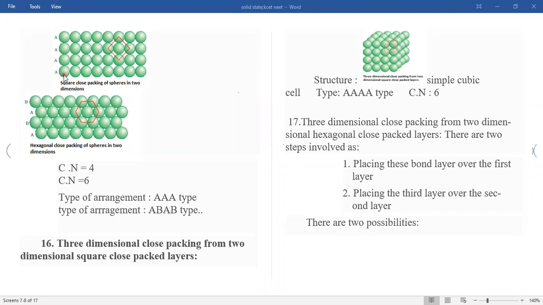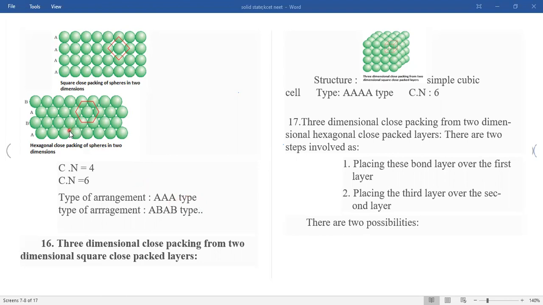This arrangement also they are going to ask you. When you want to count the coordination number, this 1 atom is in touch with how many atoms? This one, this one, this one, this one. That is 4. So the coordination number is 4 for square close packing in 2 dimensions, the A type arrangement.